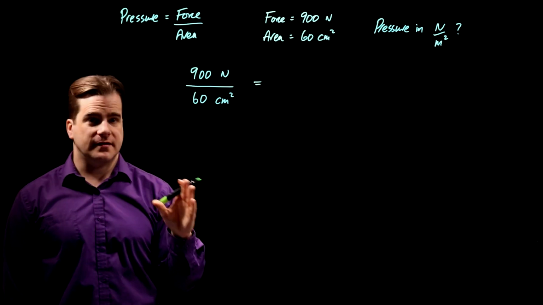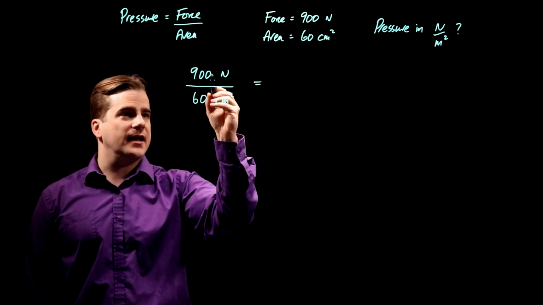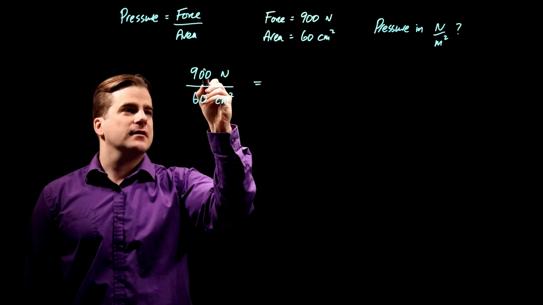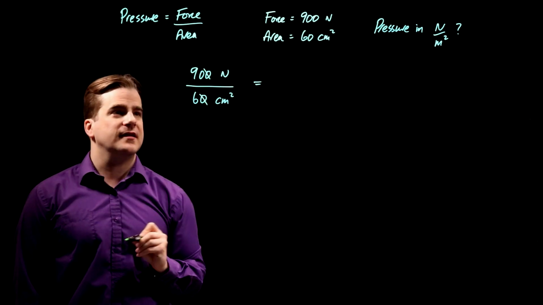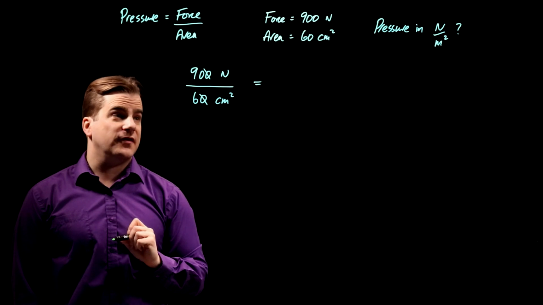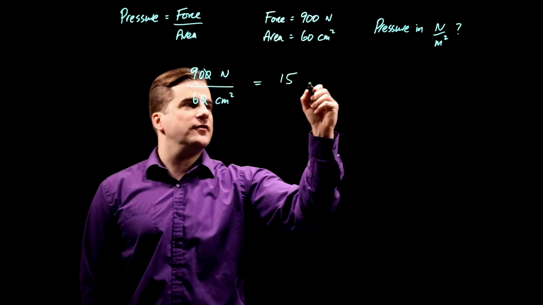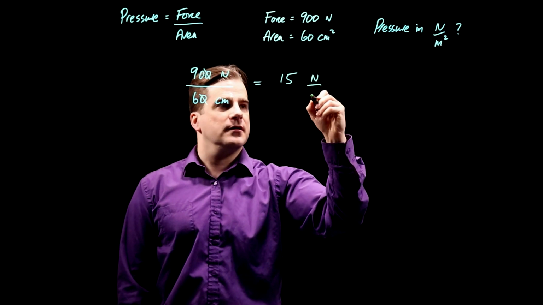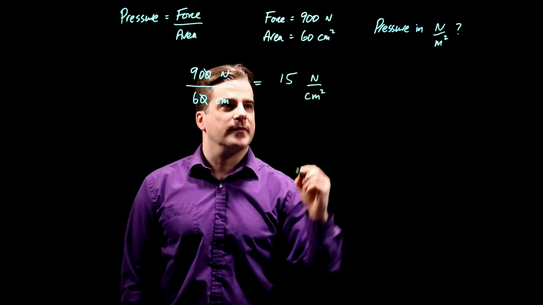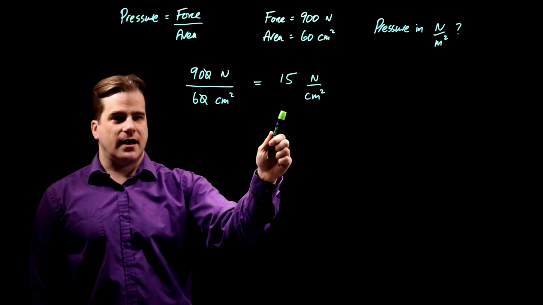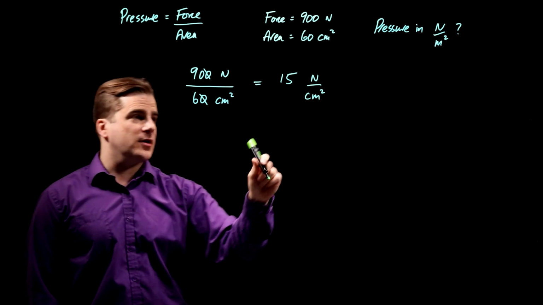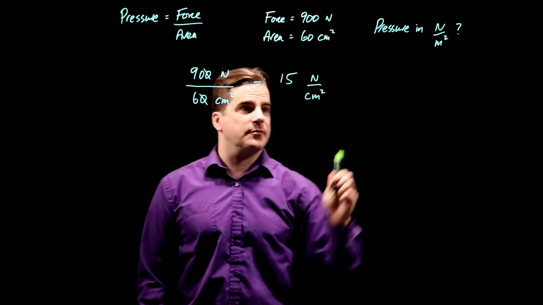Okay, this is non-calc, so we have to do this in our heads, sort of. Cancel a 0, 6 into 90 goes 15. Okay, so the answer is 15 newtons per centimetres squared. If you write that in your exam, you won't get full marks because, like I say, it's asked for in newtons per metre squared.